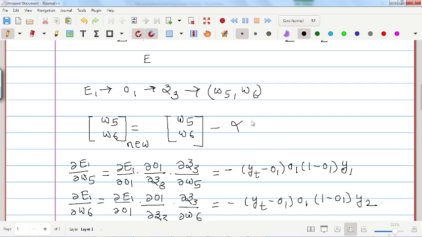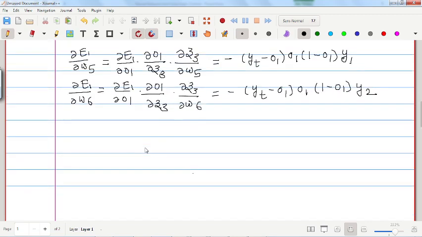This gives me the minus term: minus (YT minus O1) into O1 into 1 minus O1 into a matrix, because here it is Y1 and here it is Y2. So Y1 and Y2, done. This is for the updated weights of W5 and W6.